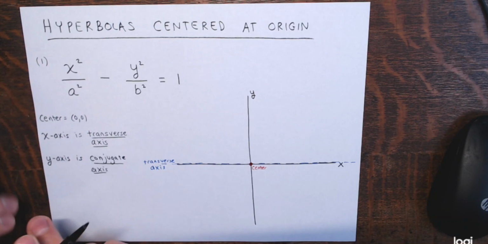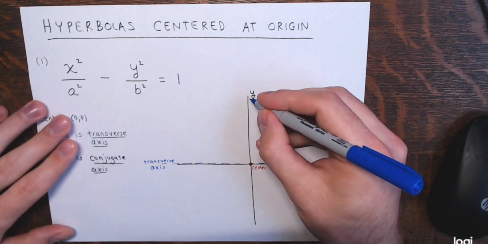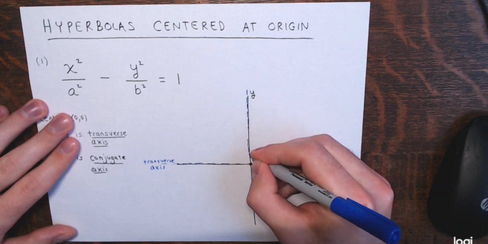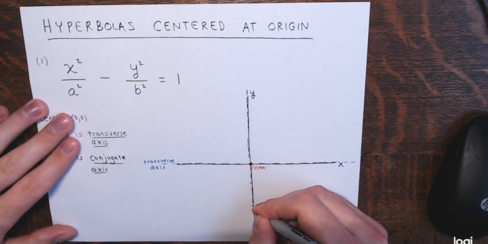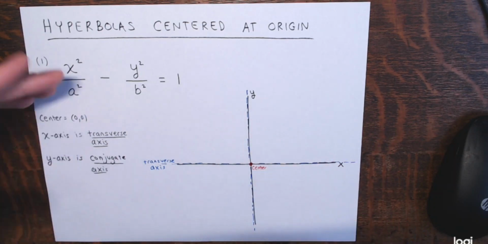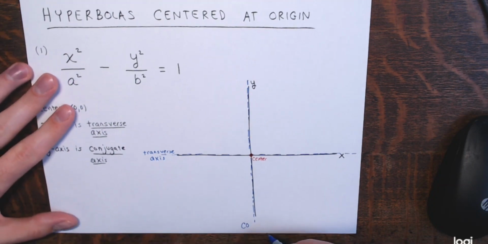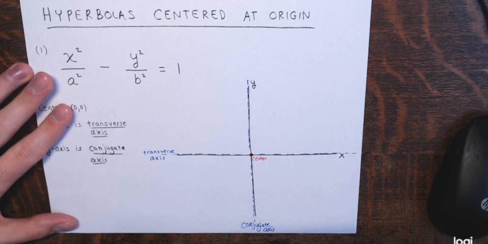Again, I'll make a dotted line on the y-axis here. Again, this is not actually part of the graph of the hyperbola. You know, these are not solutions of the equation. And this is again the conjugate axis. Okay.